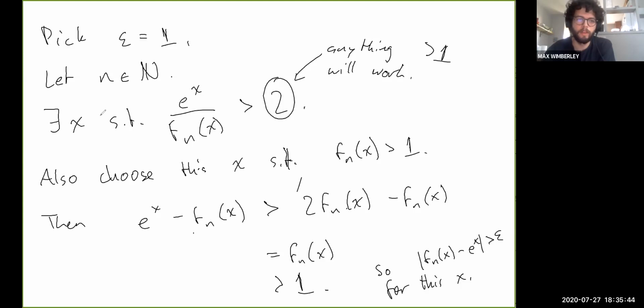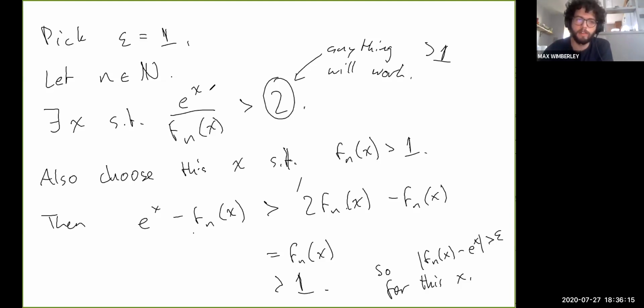So the x that we pick depends on n, because as n gets bigger, you have to go farther and farther out to find a place where e to the x is far from fn of x. These x values end up approaching infinity; how large you are forced to make x gets arbitrarily big.